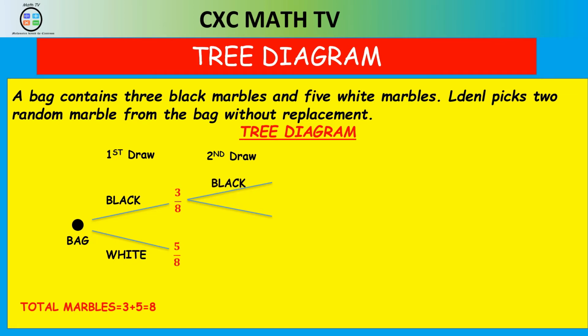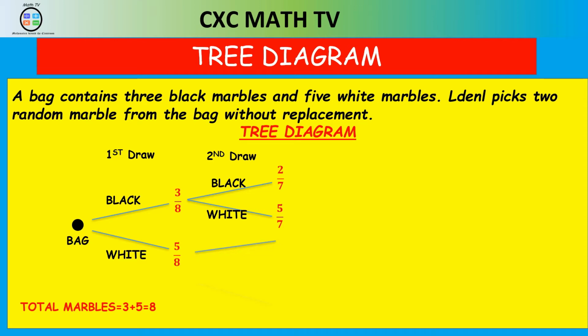There were 3 black marbles, and we drew 1 black, so that leaves us with 2 black marbles. That's 2 out of 7 for the chance of getting a second black marble. The chance of getting a white marble would still be 5 out of 7. Why 5? Because if we draw a black first, we wouldn't have touched any of the white.